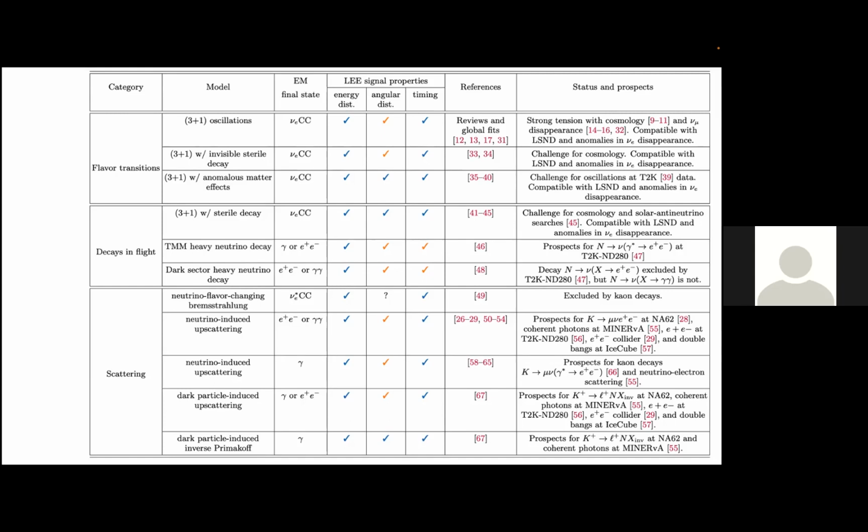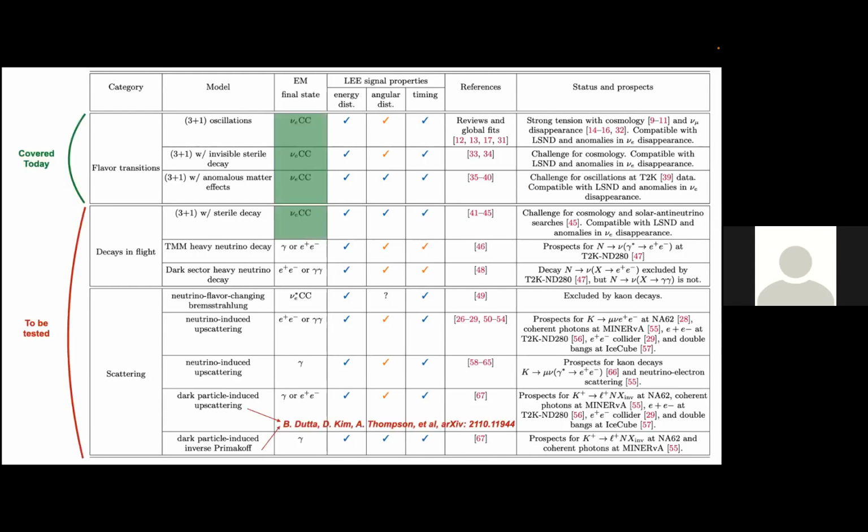They all may have good or bad explanations of different aspects of the MiniBooNE excess. But the point is that there are lots of other models with completely different mechanisms to explain the anomaly that have nothing to do with oscillations. And those we haven't tested yet. And that includes, by the way, some proposals by colleagues here in the audience at the very bottom.